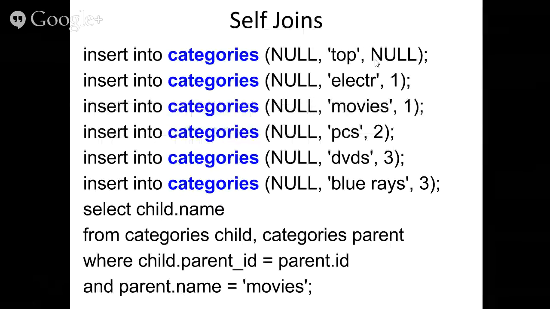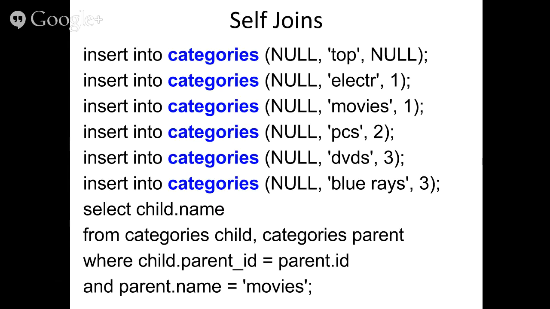So now notice that if I want to find out who's a child of what, I can say select all the children, and I'm going to join the foreign keys of categories with the primary keys of categories, as if they were separate tables, but they're not. So here are the two tables, categories child and categories parent.